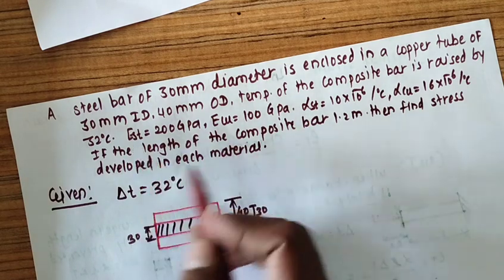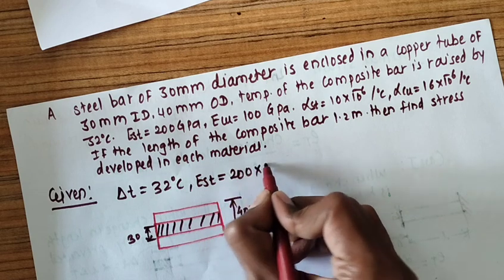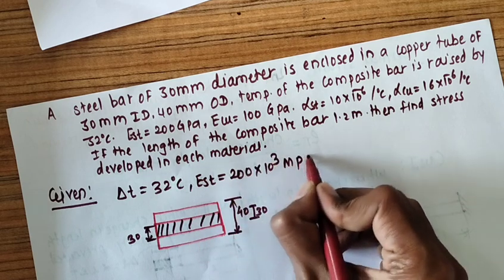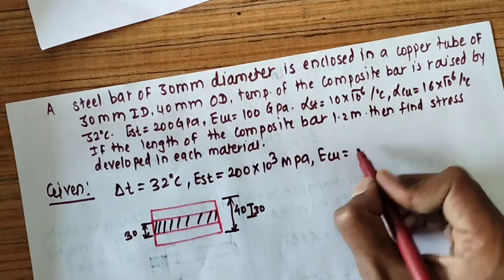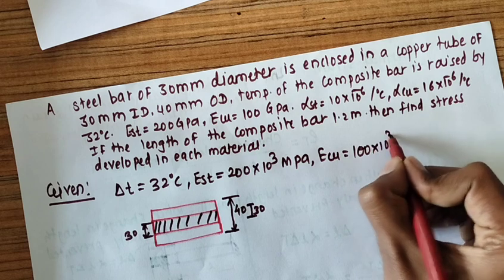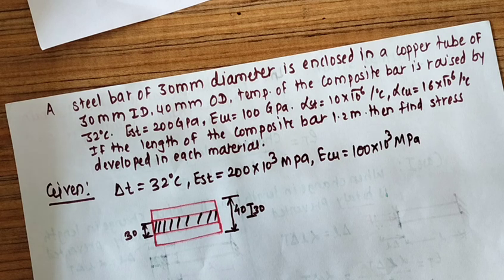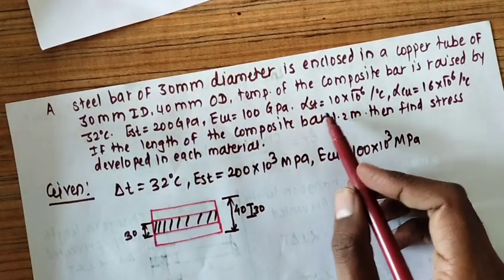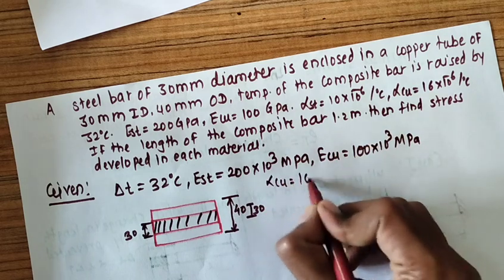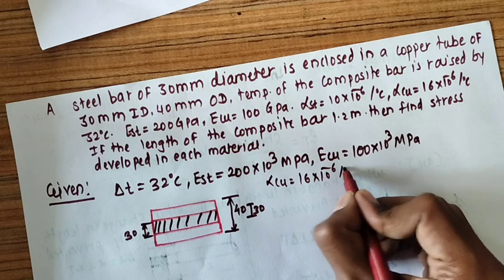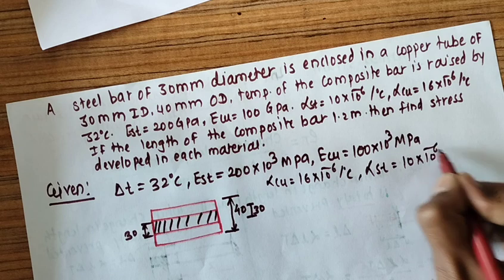We can see here E of steel and E of copper are given, that is modulus of elasticity is 200 GPa. We can write 200 into 10 raised to 3 MPa for steel, while E of copper is equal to 100 GPa, that is 100 into 10 raised to 3 MPa. Now you observe here alpha St and alpha Cu are given. As per our given data, alpha Cu is 16 into 10 raised to minus 6 per degree Celsius, and alpha St is 10 into 10 raised to minus 6 per degree Celsius.